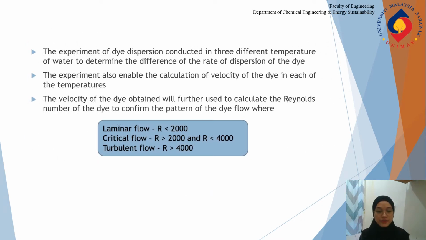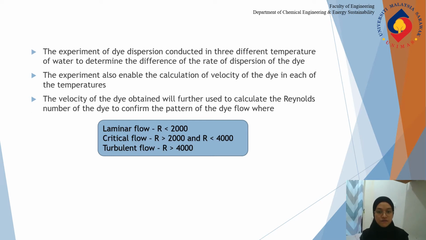The experiment of dye dispersion was conducted in 3 different temperatures of water to determine the difference in the rate of dispersion of the dye. The experiment also enables the calculation of the velocity of the dye at each of the temperatures.